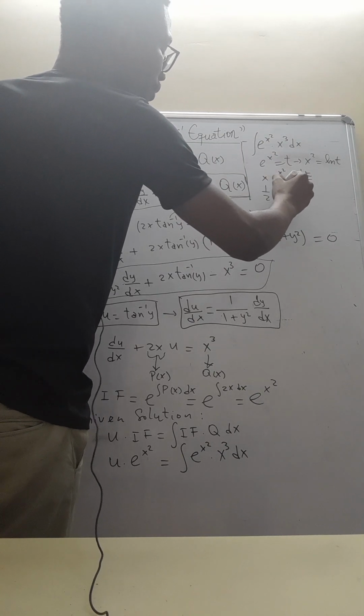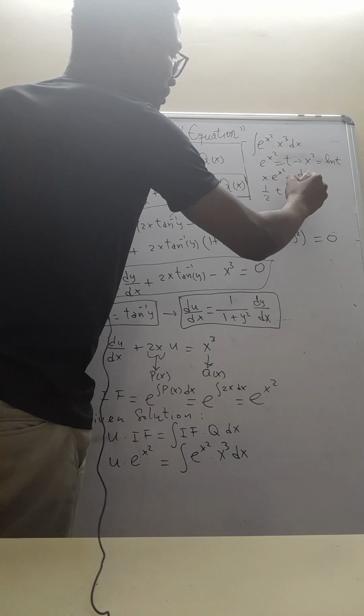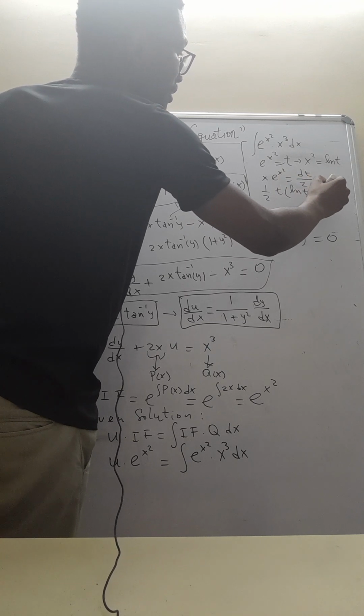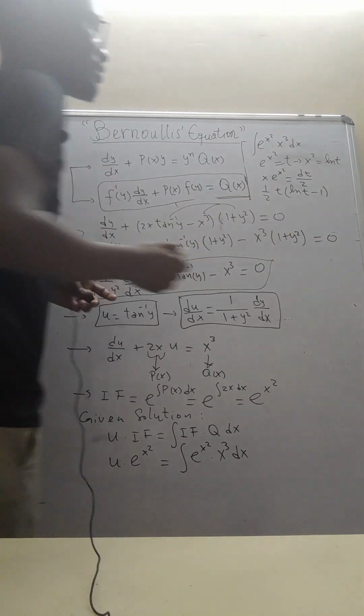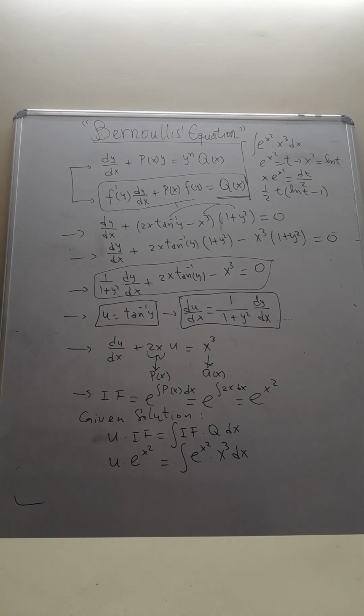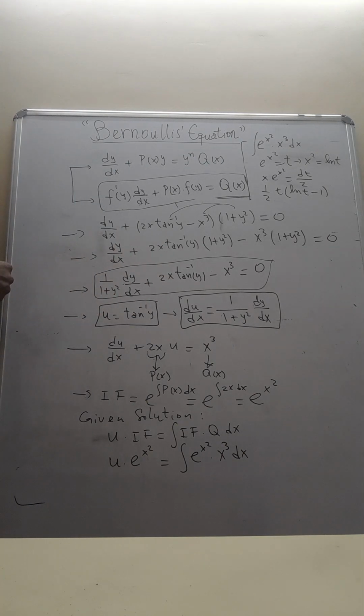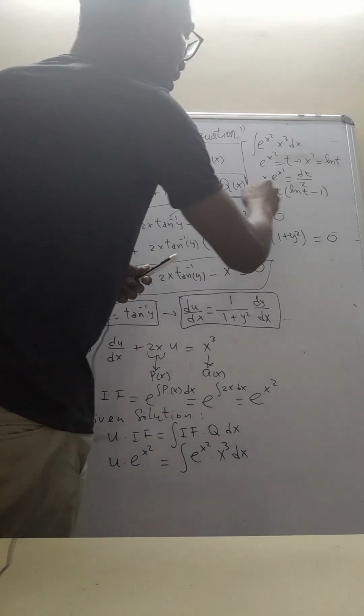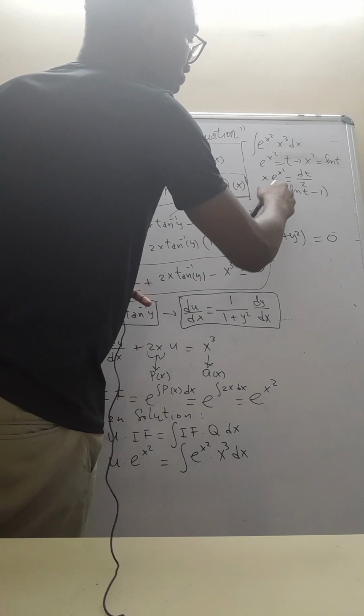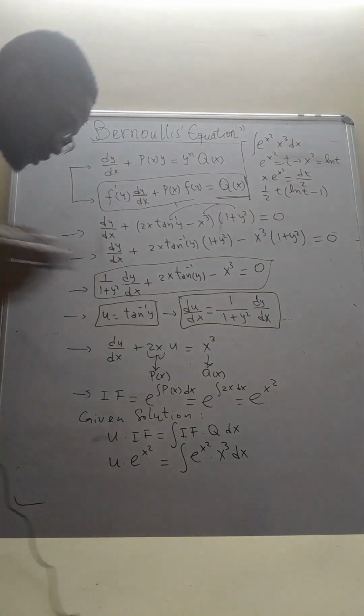We get 1 by 2 t times (ln of t minus 1). The solution for this one will be almost the same, so just solve this one. This will be 1 by 2 t (ln t minus 1).